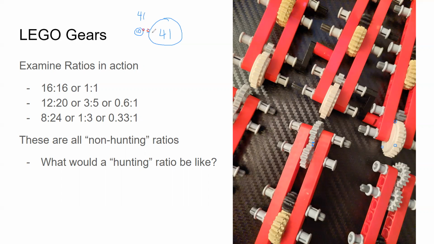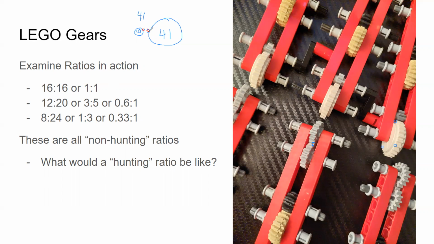So what that's saying is this hunting ratio where it's not a whole number, like these ones down here are whole numbers, 1 to 1, 3 to 5, 1 to 3. These teeth are going to meet their companion teeth really often. This one with the hunting ratio, this tooth doesn't meet its companion teeth as often.